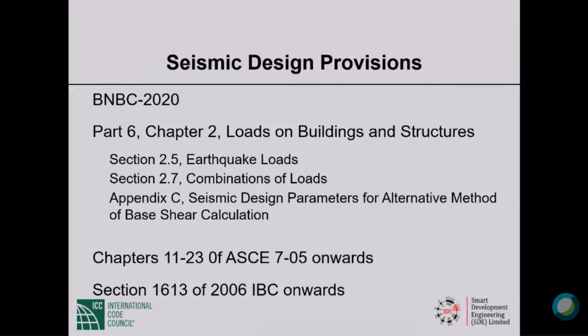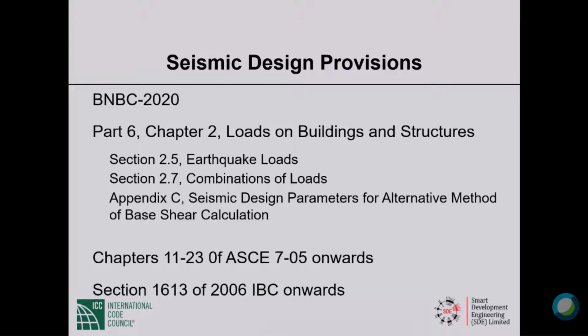We started with load combinations in our module on gravity loads. Appendix C, which just came up in discussion, is titled Seismic Design Parameters for Alternative Method of Base Shear Calculation. That plays an integral role in the seismic design provisions of BNBC 2020. So when we talk about seismic design provisions, we have to consider all three of those: Section 2.5, Section 2.7, Appendix C.